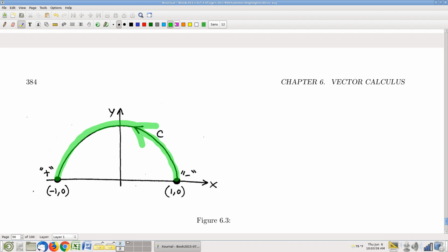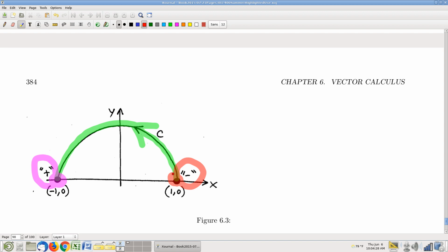It's an arbitrary choice, but nevertheless, here it is. The end point, it's not about being the right or the left, it's about being the end point, comes with a positive orientation. The starting point, don't care if it's on the right or the left, up or down, this way or that way, if it's where the curve starts, it gets a negative orientation.